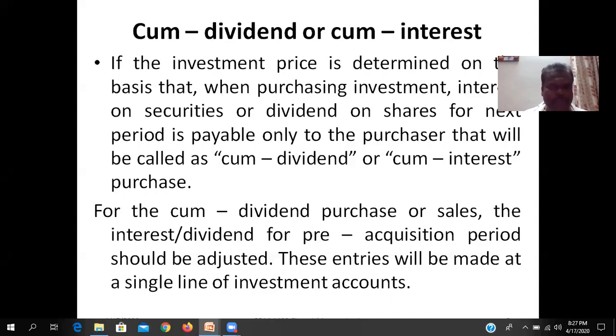For a cum dividend purchase or sale, the interest or dividend for the pre-acquisition period should be adjusted. That means if you purchase the investment cum dividend, we should adjust the interest for the pre-acquisition period. That should be made through the investment account. That part we can see later.